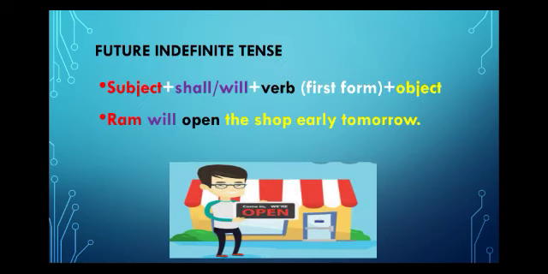Now let us look at the sentence structure or the formula of this tense. First of all, subject is written. Okay, then according to the subject, we select either shall or will. After selecting shall or will, we write down the first form of the verb. Remember children, this first form of the verb is the base form.